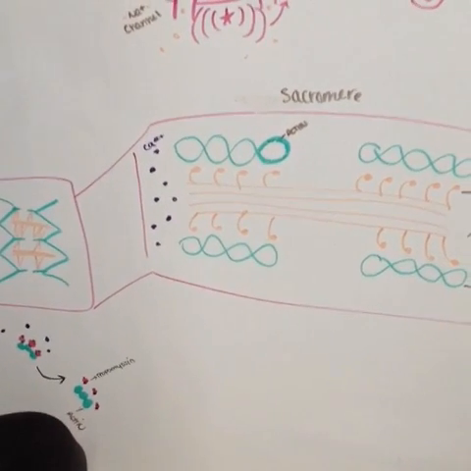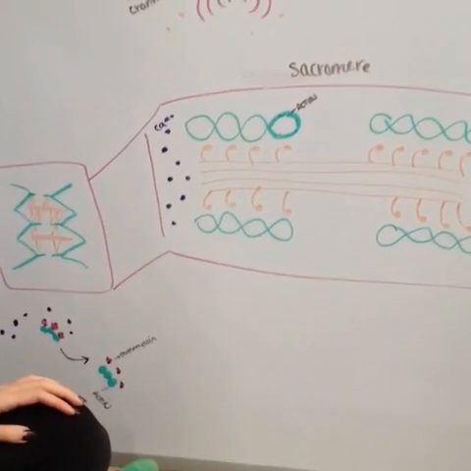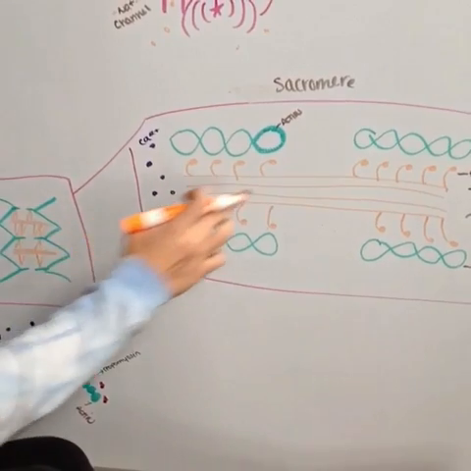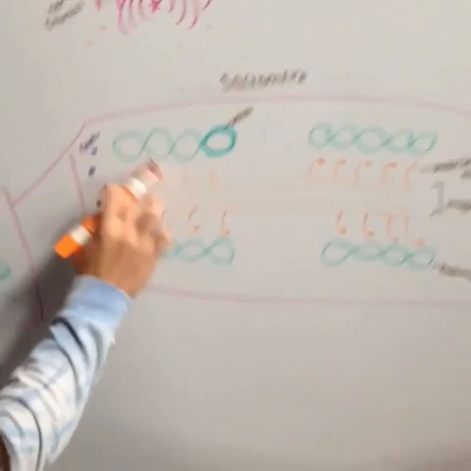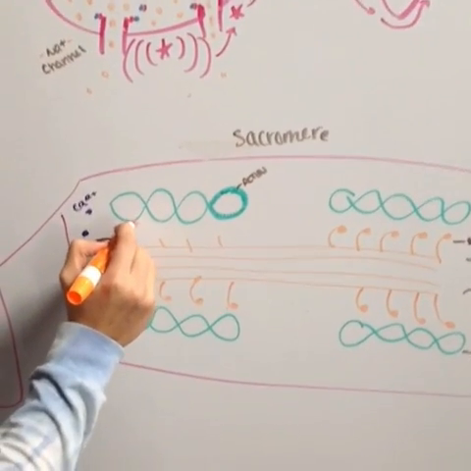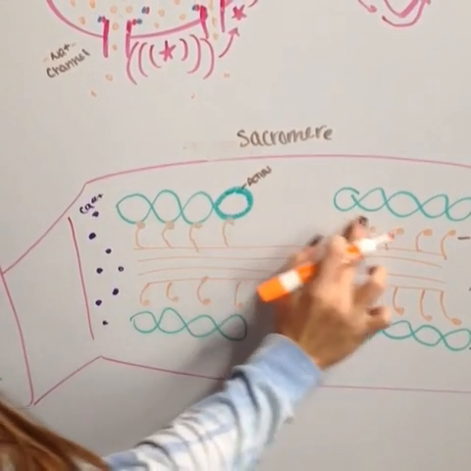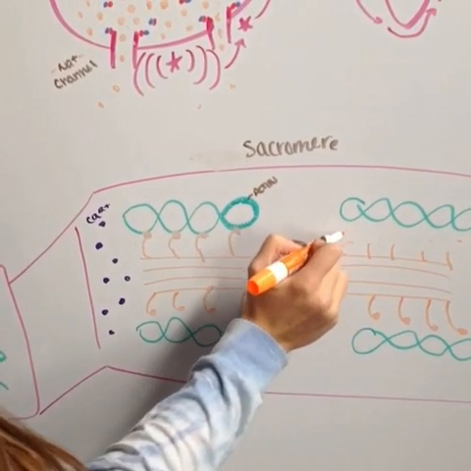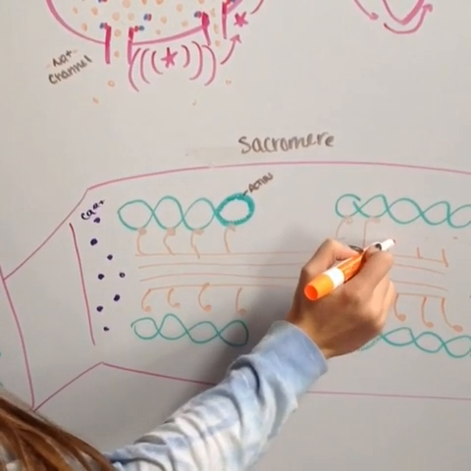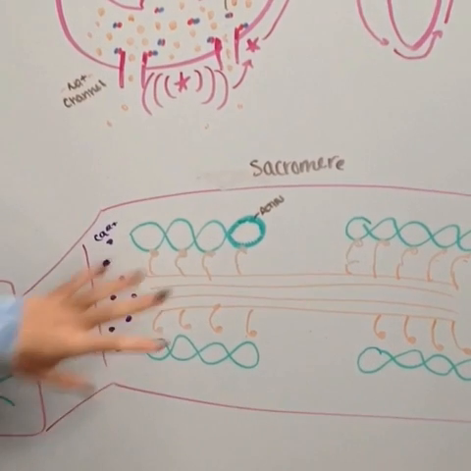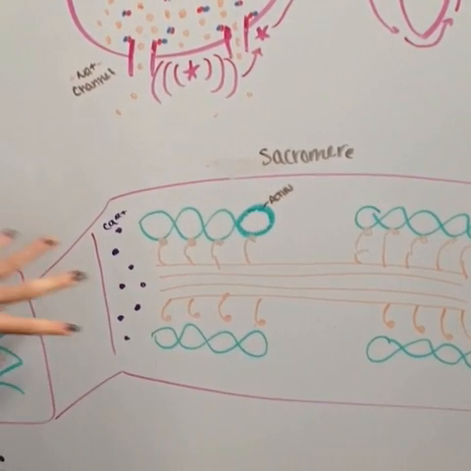Okay, so I left off with saying that the actin-myosin binding site was exposed in the sarcomere, and now that they're exposed, the myosin heads are going to reach up and attach to the actin. And they're going to bend and pull, which is going to cause this to move this way.